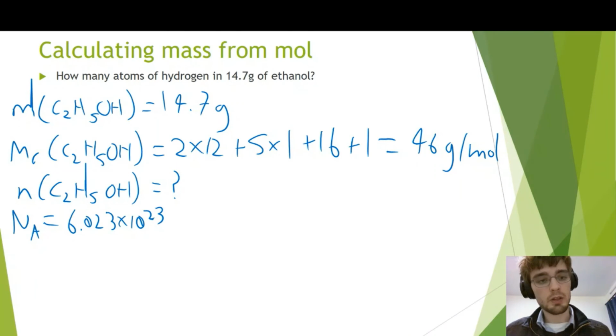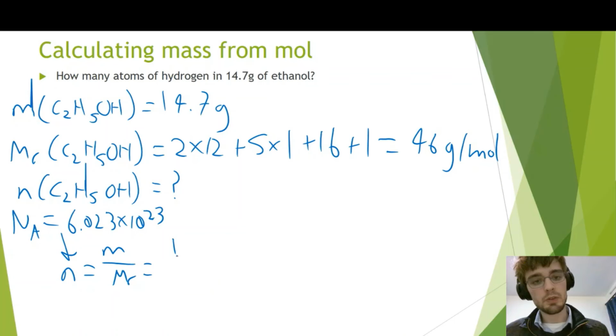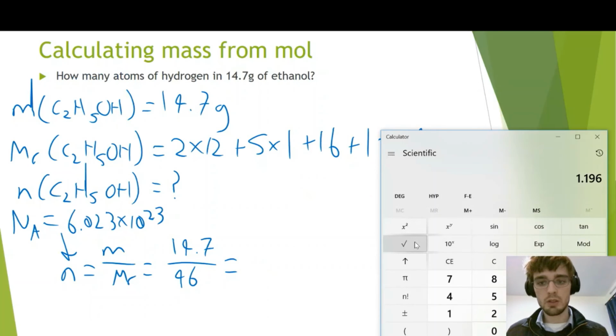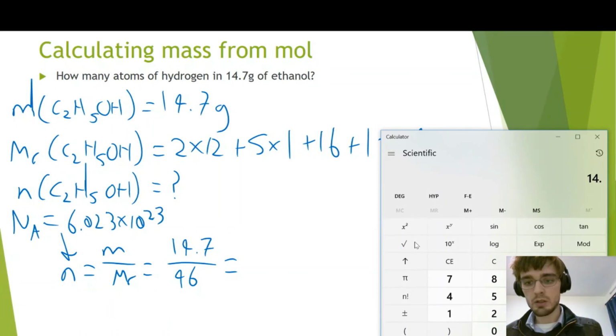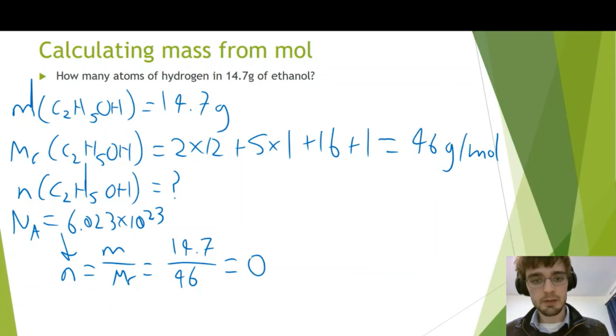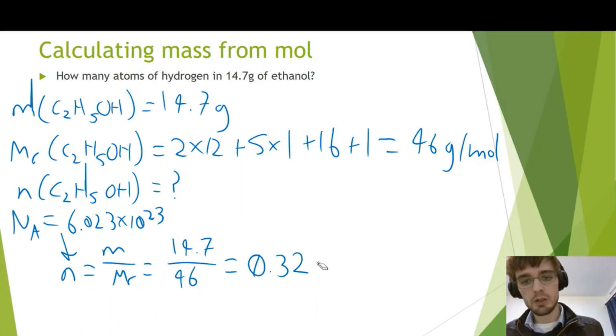So to start off with, I'll say that n equals m over Mr, which is 14.7 over 46, which is equal to 0.32. That's mole, sorry.